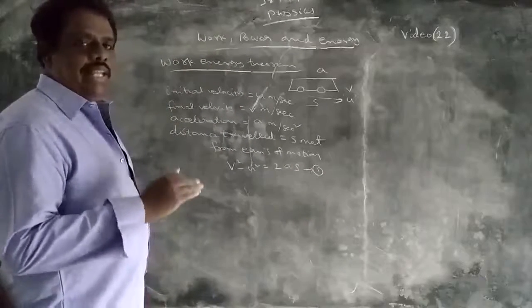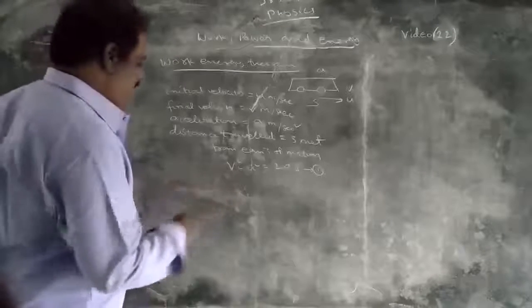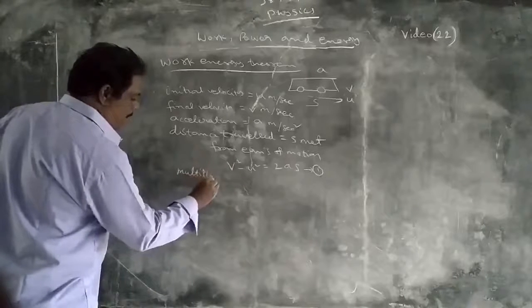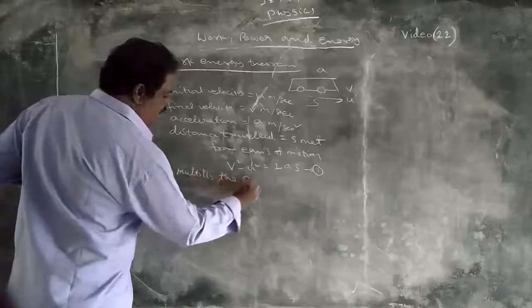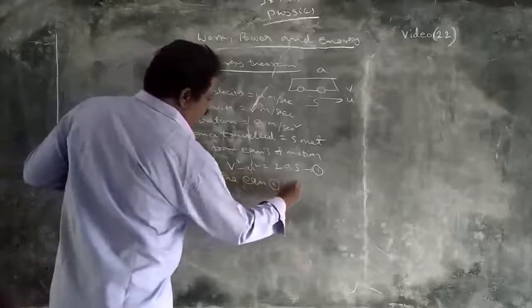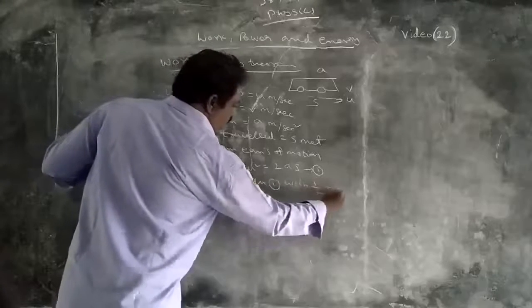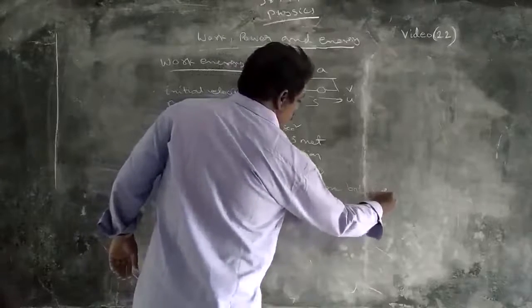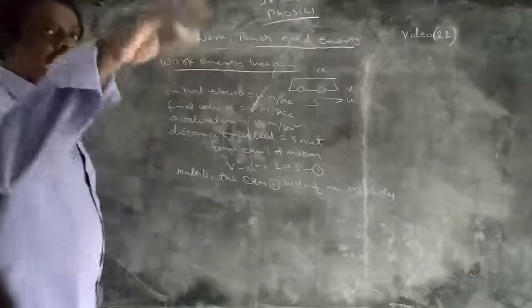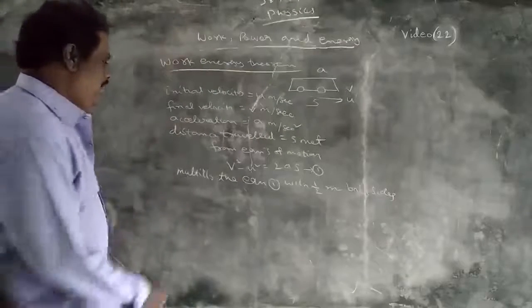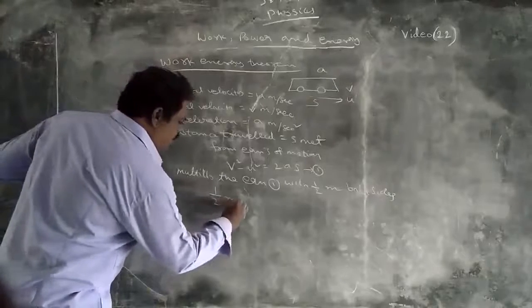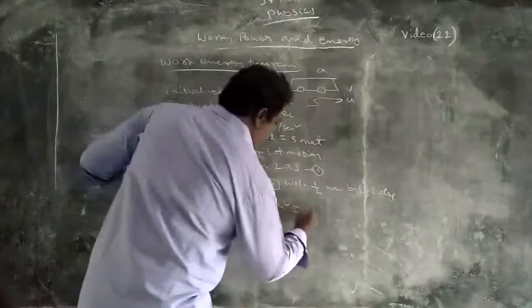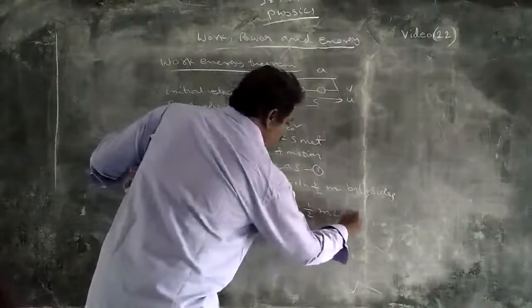Multiply equation 1 with half m on both sides. Then we will get half m v square minus half m u square is equal to half m 2as.